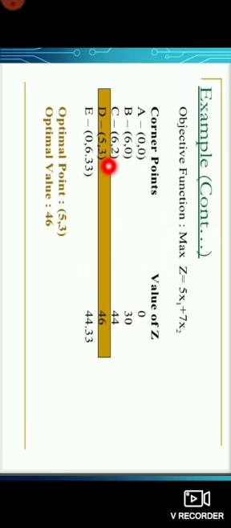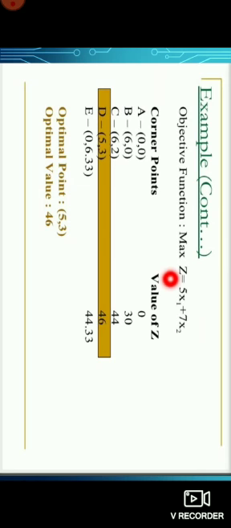For the point with x1 value 6 and x2 value 2, that means 5 into 6 plus 7 into 2, z is equal to 44. For the point with x1 value 5 and x2 value 3, put these x1 and x2 values in the objective function, z is equal to 5 into 5 plus 7 into 3, z is equal to 46.